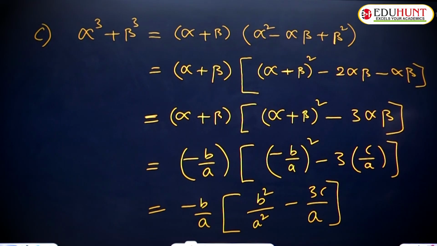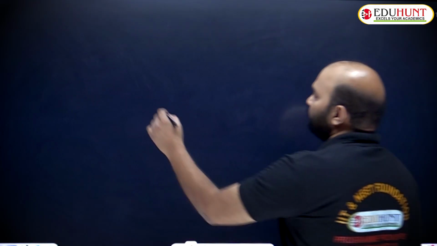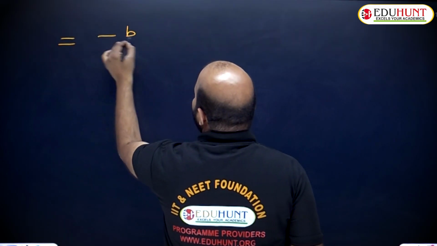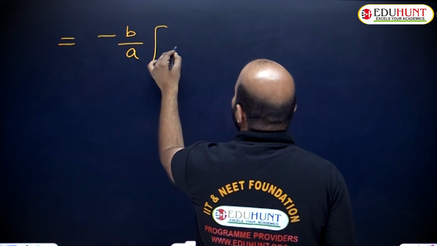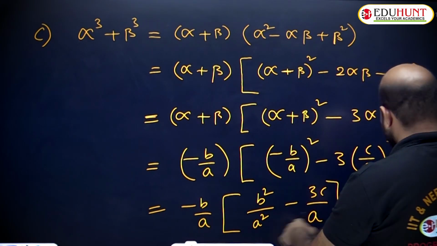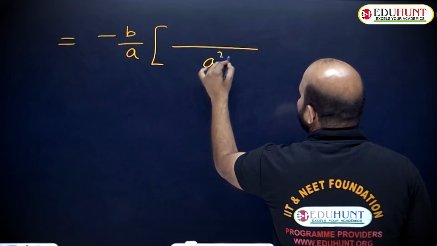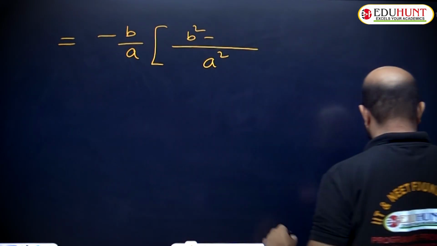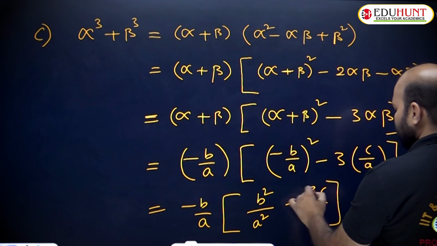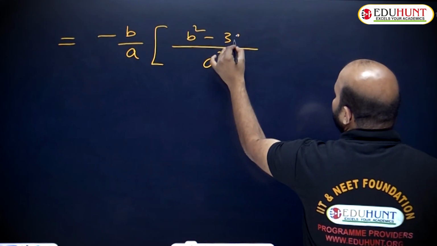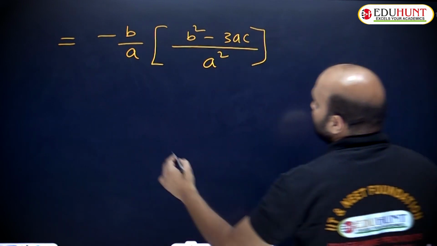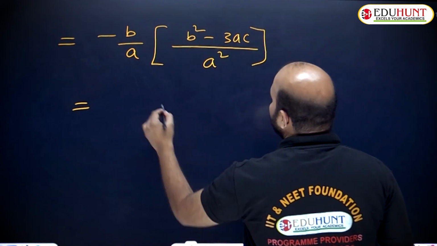Am I clear? And also it can be expressed as minus b by a into, what is the LCM? LCM is a square. So, b square minus 3ac.